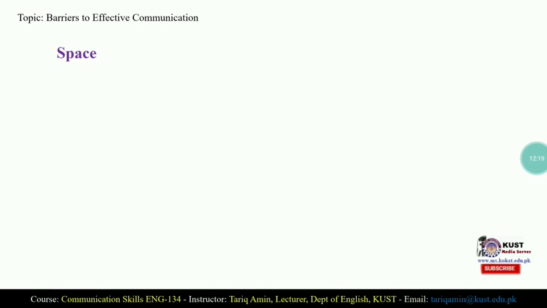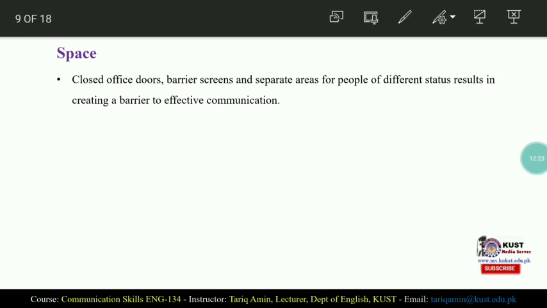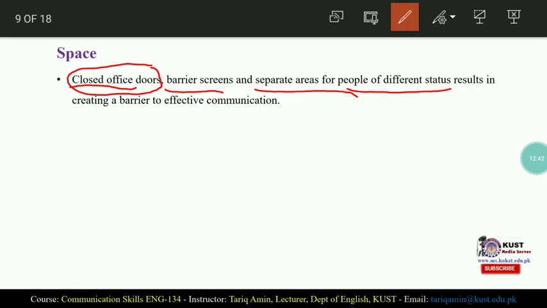Another physical barrier is space. Now, space includes closed office doors. If the doors of the office are closed, barrier screens can also be found in different offices, in different organizations, and separate areas for people of different status. So we can find people of different status in different organizations.